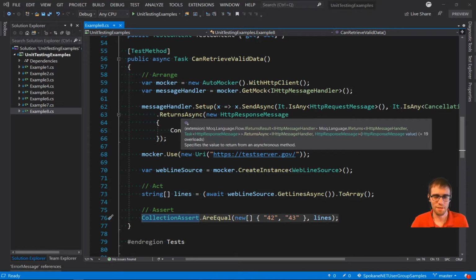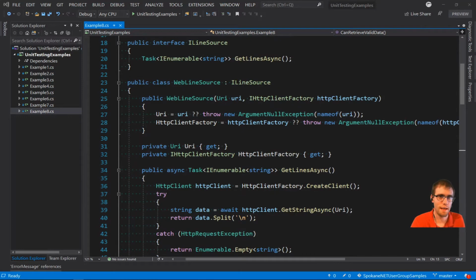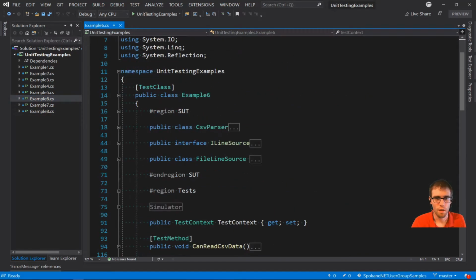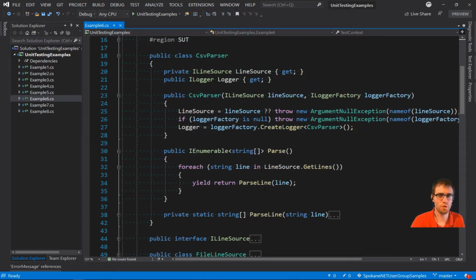So I would say my first comment is not necessarily to try to think up a good test, and mostly to go through and look at the system under test. So I'm going to jump back to my CSV parser. And in general, there's a bit of a debate, right? Should I have written tests over this constructor that validate that this constructor has a condition that says, is this dependency null or not?